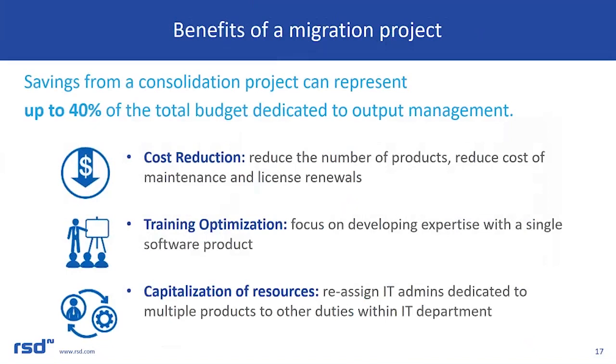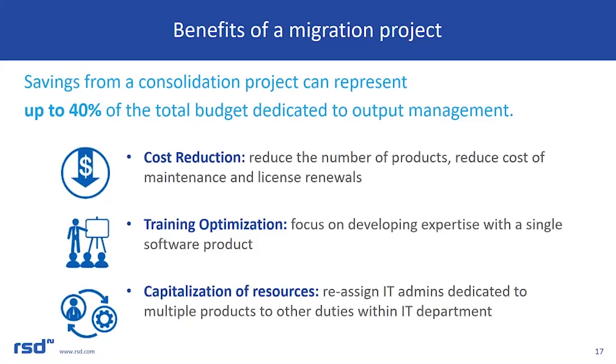Here are three real benefits that we've heard from our customer community that they felt are the benefits of a migration project. Number one, the cost reduction. Reducing the number of products that you have and getting rid of some of those long-time maintenance contracts and license renewals. Training optimization, focusing on, in essence, making sure you have the expertise with a single software product.